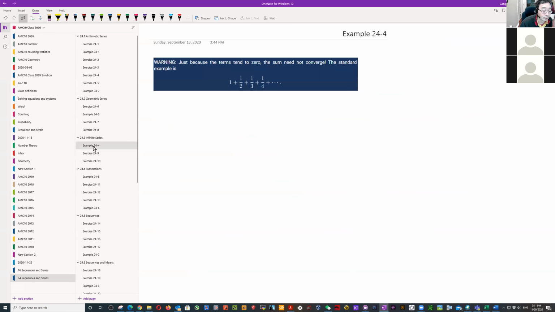So this one, even though each little term actually goes to 0, this is a sum of the reciprocals of natural numbers. The natural number sequence is 1, 2, 3, and all the way to infinity, and this is just the reciprocals of them, and the total of them will not converge.